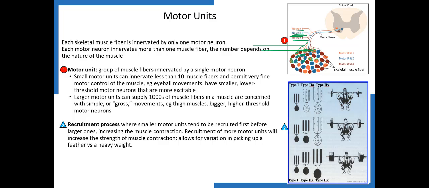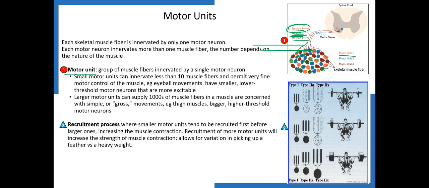And the burgundy neuron 3 provides nerve connections to all the burgundy muscle fibers, right? So the unit of one neuron to lots of different muscle fibers is called a motor unit, right? So a motor unit is a group of muscle fibers that's innervated by a single motor neuron, right? So motor unit 1 is the orange motor unit. You've got one motor nerve, neuron 1, innervating all the orange skeletal muscle fibers.